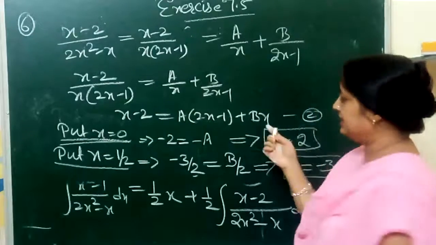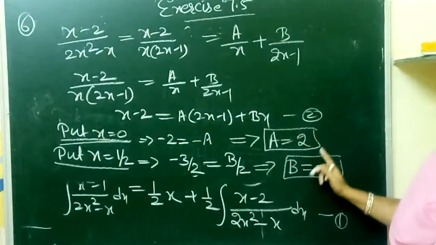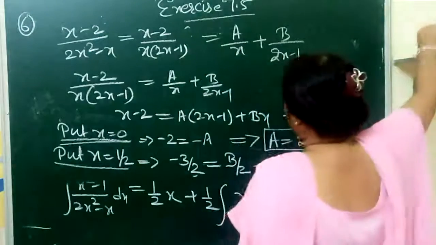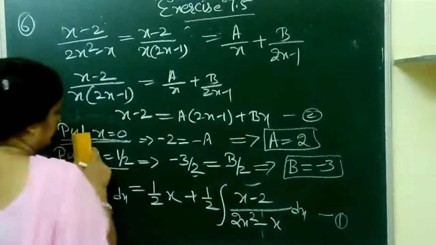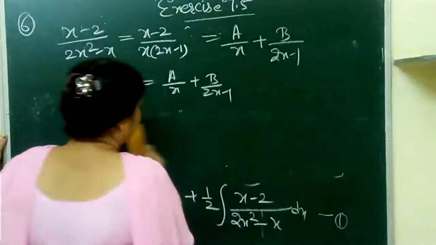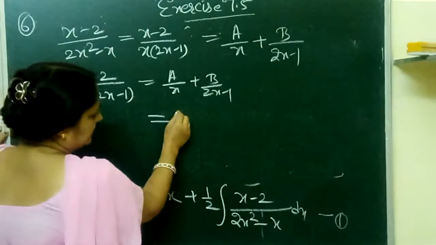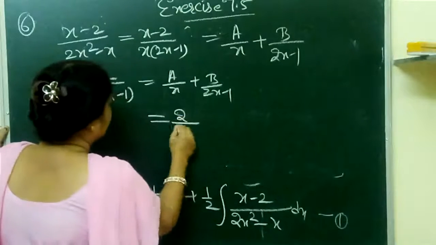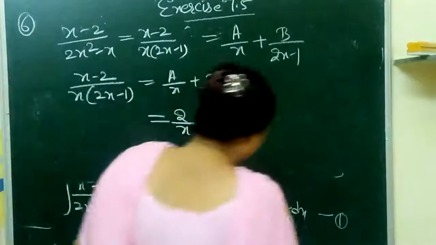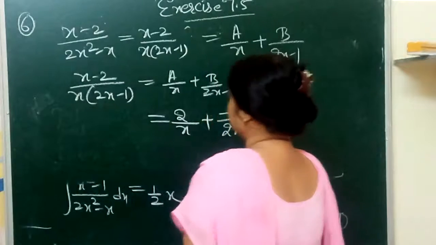So you can see we are getting the value of a equal to 2 and b equal to minus 3. Now our target is to put the values of a and b in this equation. After putting, a is 2, so 2 upon x plus, the value of b is minus 3, so minus 3 upon 2x minus 1.